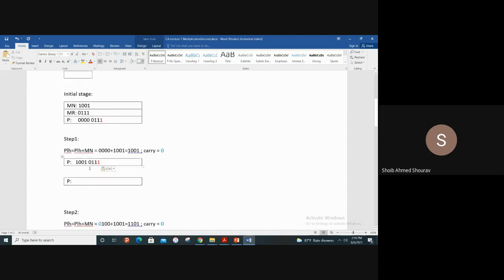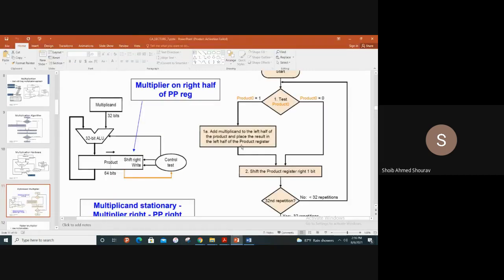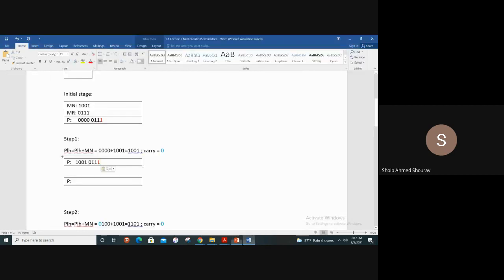So now, as we have performed the addition and stored the result in the left half of the product register, we need to shift the product register right 1 bit. So how can we do this? We are going to copy this in here, merge these two, and make it 8 bits.